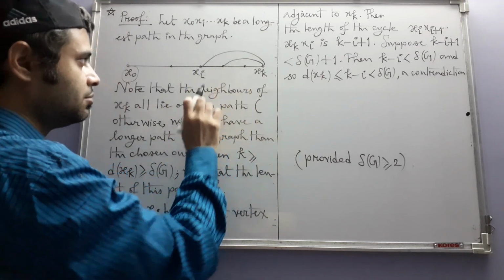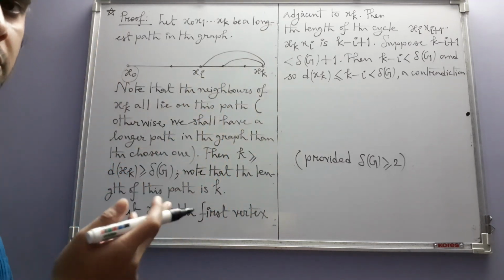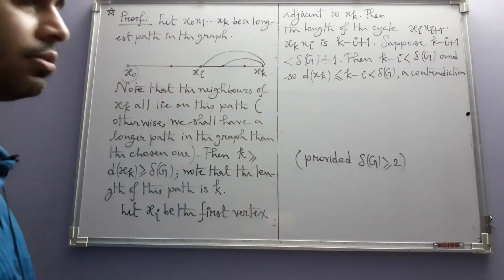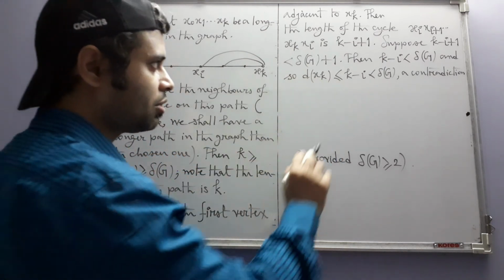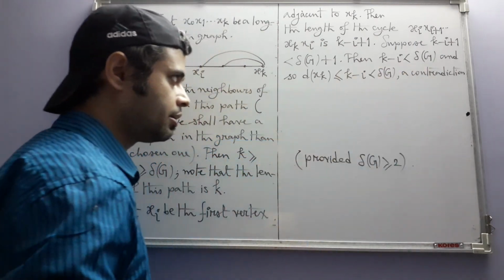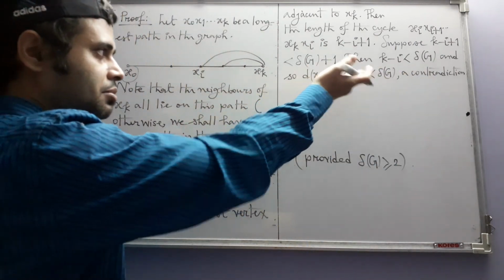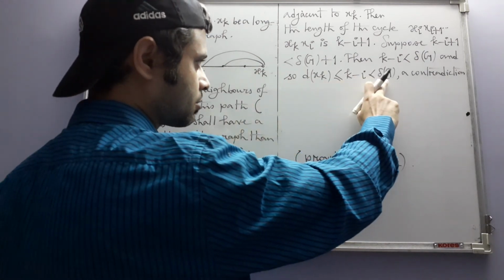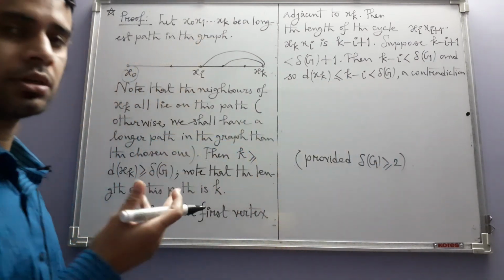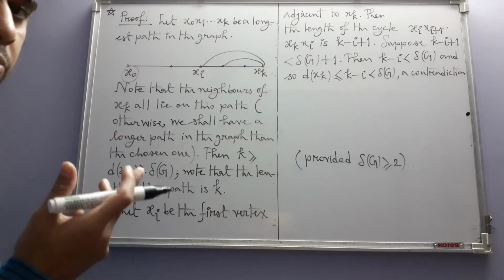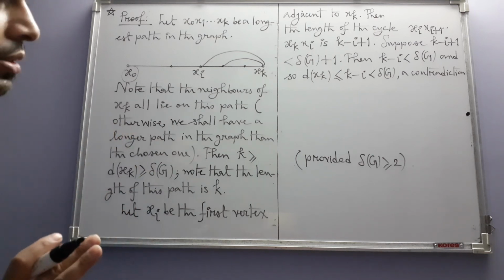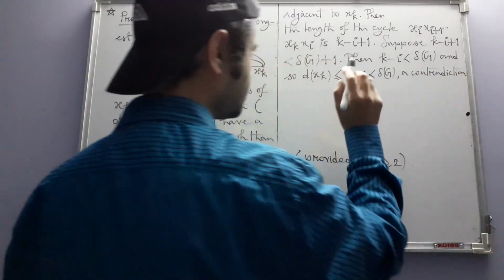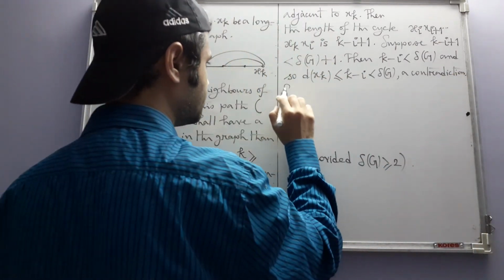From among them we have the neighbors of xk, that means degree of xk will be less than or equal to k minus i. Now if k minus i is strictly less than delta g, then this degree becomes strictly less than delta g, but that contradicts the very definition of delta g as the minimum possible degree of any vertex in the graph. So this contradiction shows that our supposition is wrong.